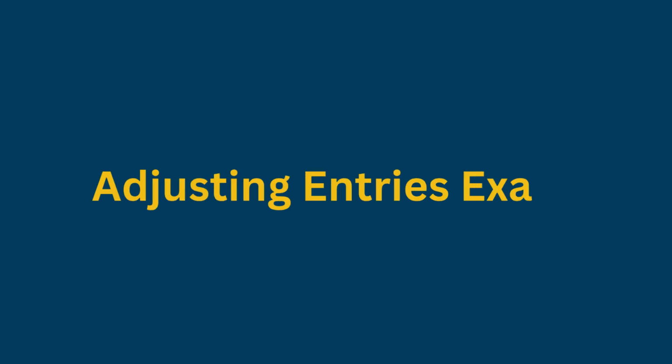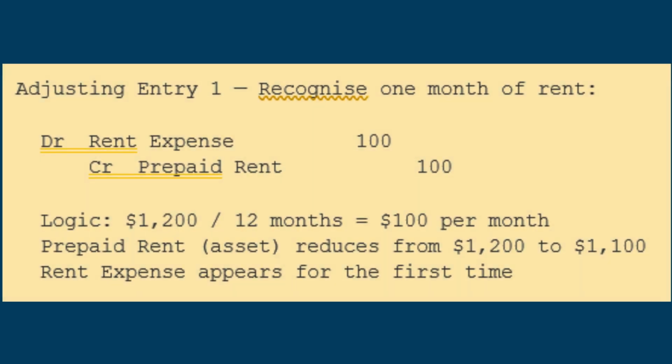Adjusting entries example. Let me show you each type using our Bright Ideas Limited example. Do you remember transaction 3? Bright Ideas paid $1,200 upfront for 12 months of office rent. Right now, our books show that entire $1,200 sitting in an asset account called prepaid rent.